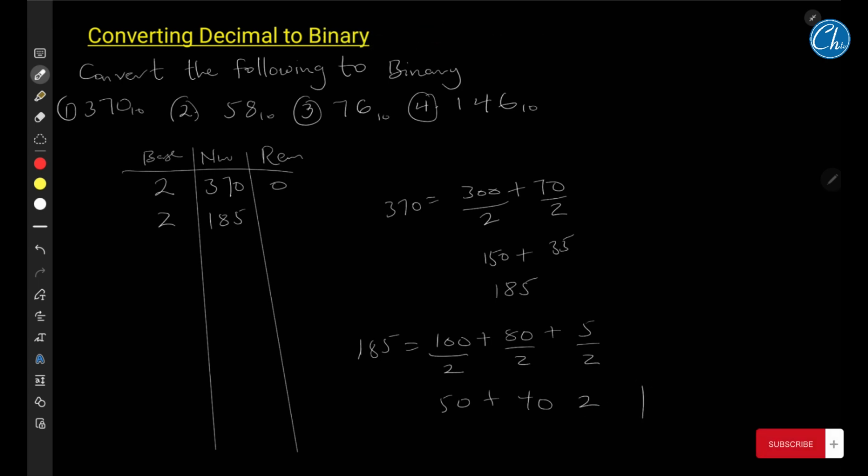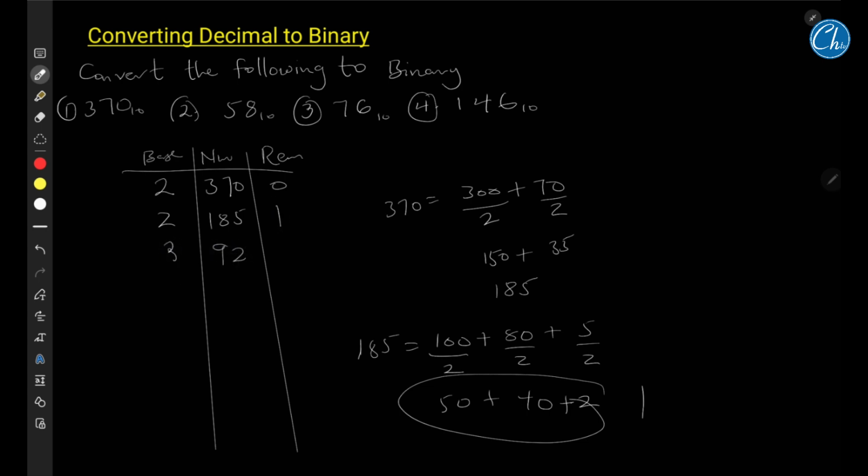Right? 2 will go into 5 2 times, remainder 1. So after adding all this, our remainder is going to be 1. So 50 plus 40 plus 2, I forgot the addition, will give us 92, remainder 1.